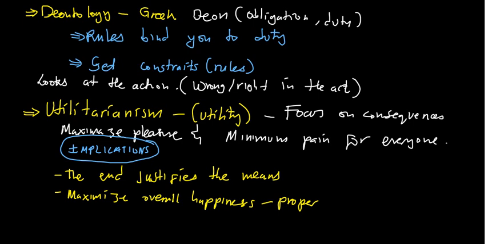If there is something that is going to come out, you know what is going to come out of this, and all you are interested in is having pleasure for yourself. The agent knows or can predict the consequences in utilitarianism.